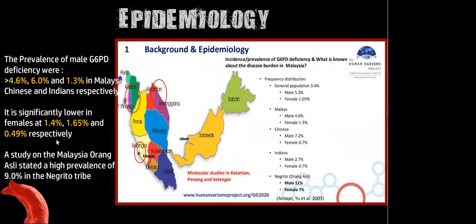And a study showed that Orang Asal have higher prevalence of G6PD. So look at the picture on the right. A study was conducted in Kelantan, Penang, and Selangor. It is proven that the distribution is more in male compared to female, and there is high prevalence in Orang Asal.